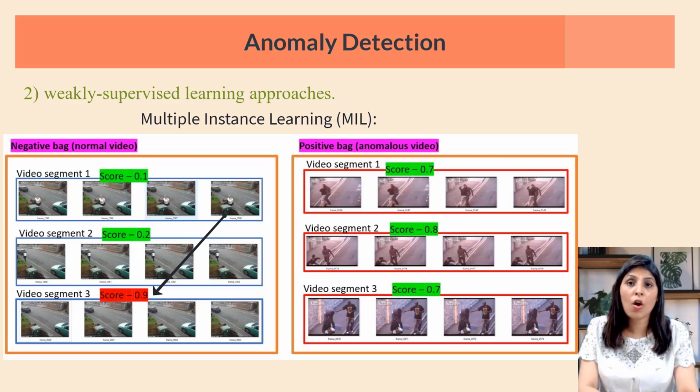This means that the loss function increases when the maximum anomaly score of a negative bag is higher than that of a positive bag. By penalizing this error, the model learns to correctly distinguish between the positive and the negative bag, ensuring that the anomalous videos receive a higher anomaly score than the normal videos.